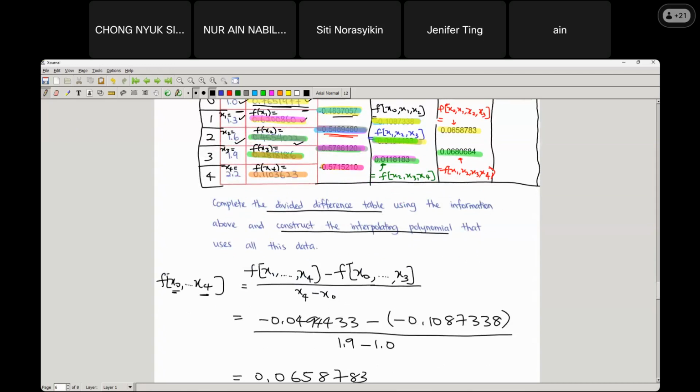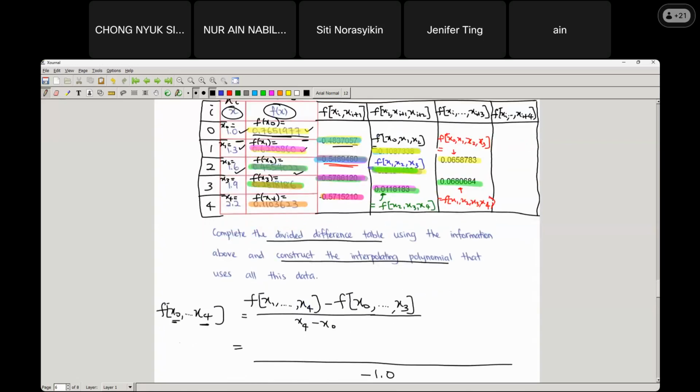Next, we substitute the value here. So x1 until x4, we have 0.0680684 minus this one, 0.0658783, divided by x4, which is 2.2, minus x0, that is 1.